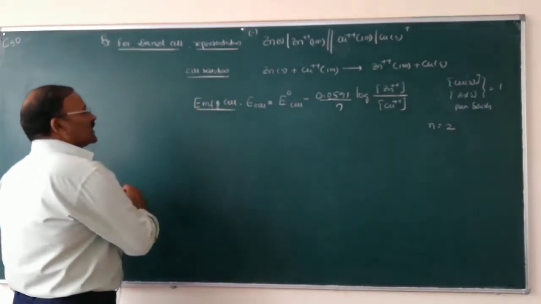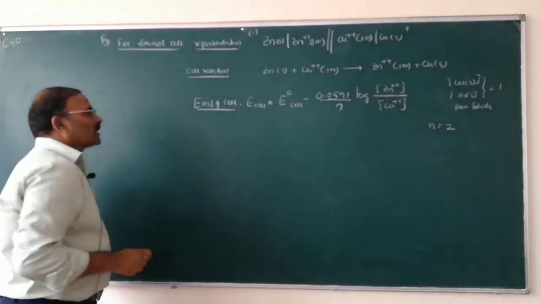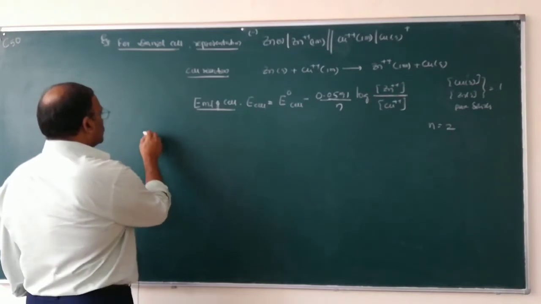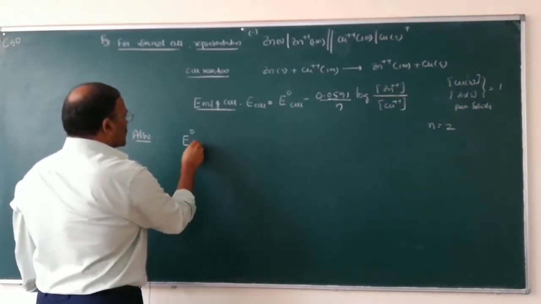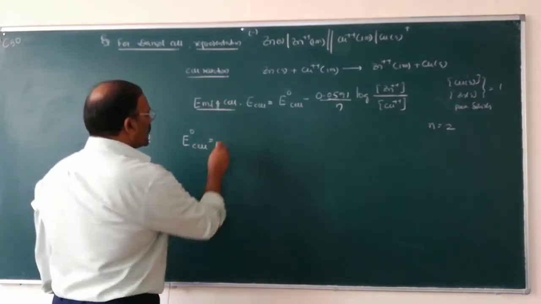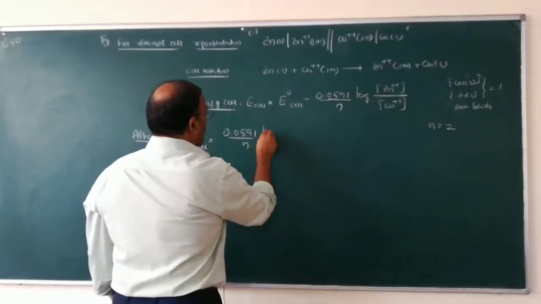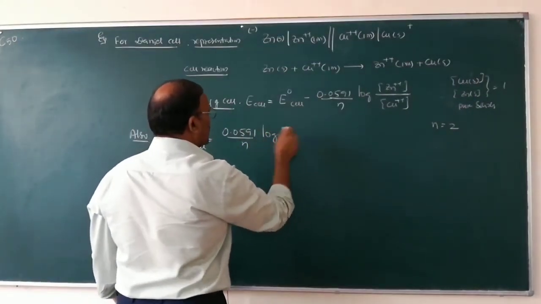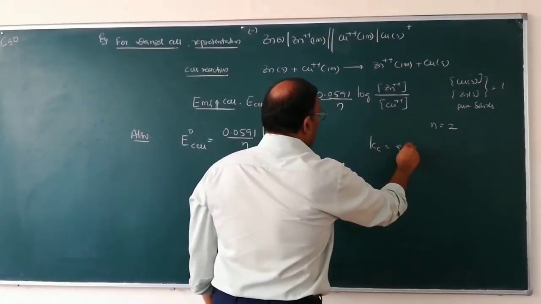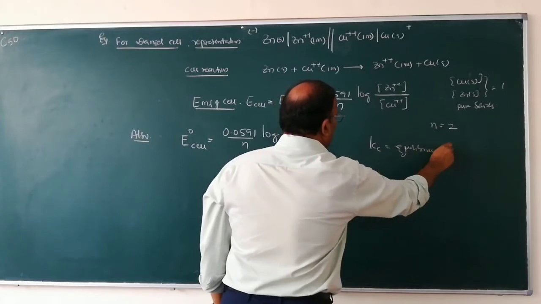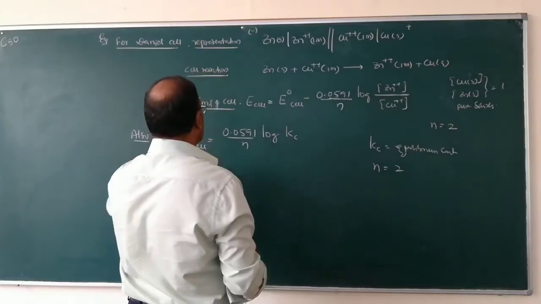Then what is E0 cell? So we can calculate the equilibrium constant. Also, E0 cell is equal to 0.0591 divided by n, log of Kc, where Kc is equal to the equilibrium constant. n is equal to 2 for the Daniell cell.